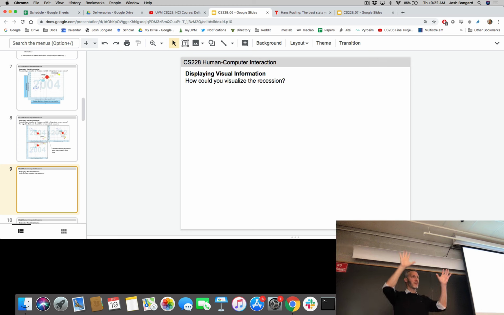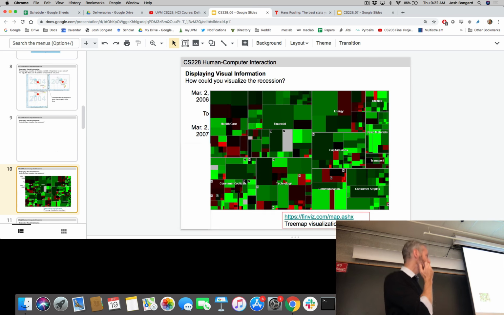We want to burst that bubble and see the highly hierarchical nature of economic data. One way we can do this is using a different kind of visualization called a tree map. Tree maps are kind of interesting, and they're designed to represent hierarchical data.